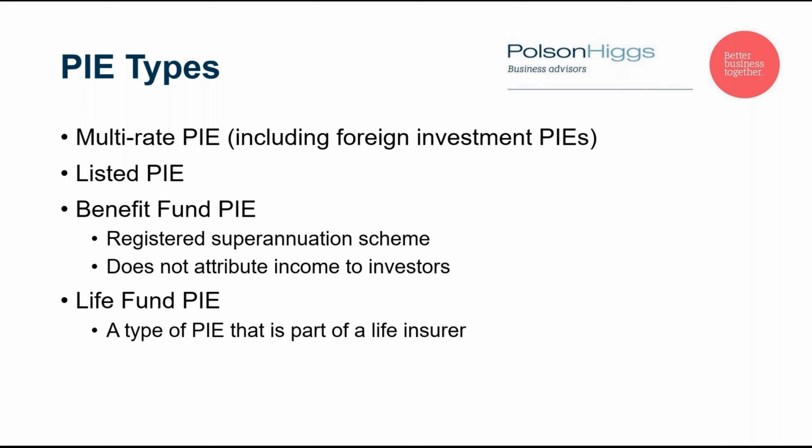There are 4 main types of PIE fund: the multi-rate PIE, the listed PIE, the benefit fund, and the life fund. Today we're going to be focusing on the multi-rate and the listed. These are the most common types that you're likely to come across with investors.